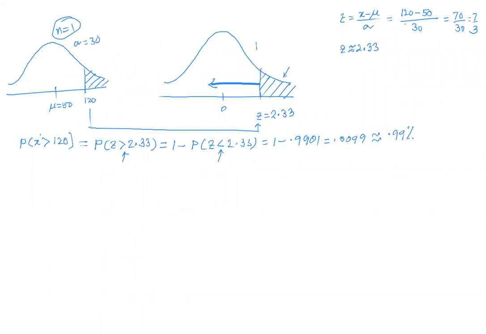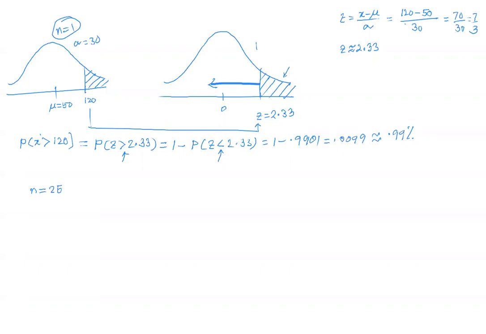So that means instead of considering just one person's time spent on social media, we are considering the average of 25 people. So now, remember, when your sample size is bigger than 1, you are dealing with sampling distribution.